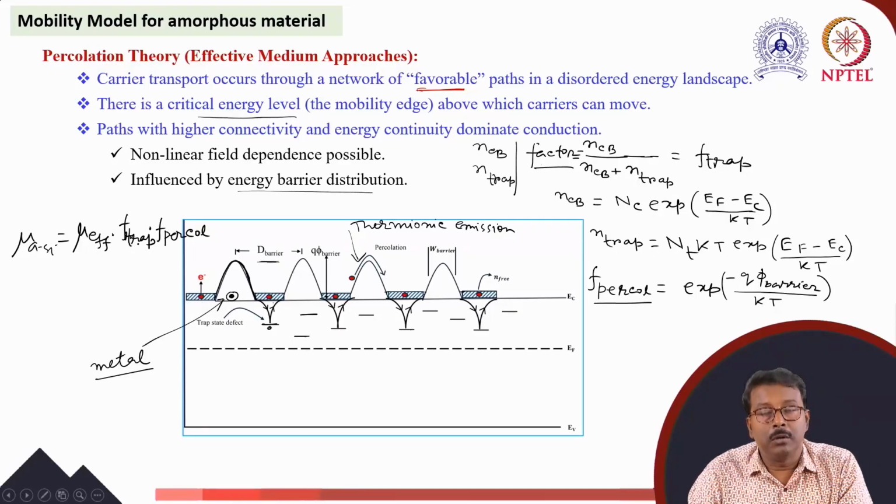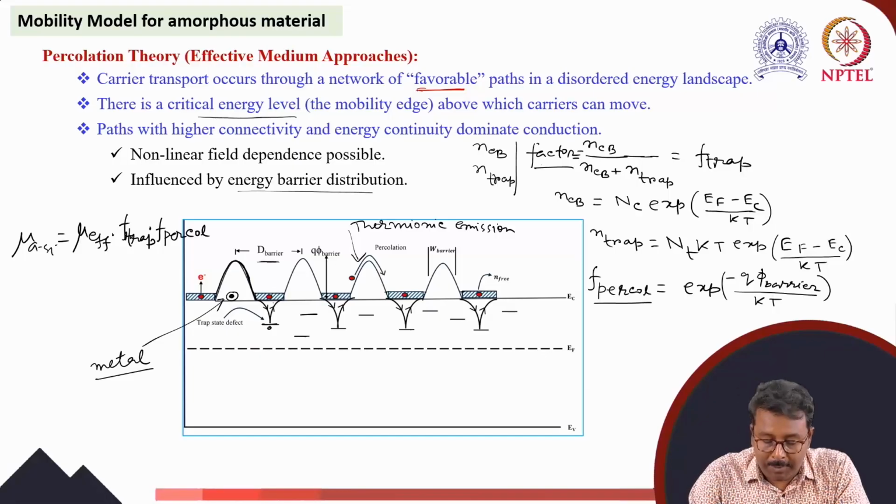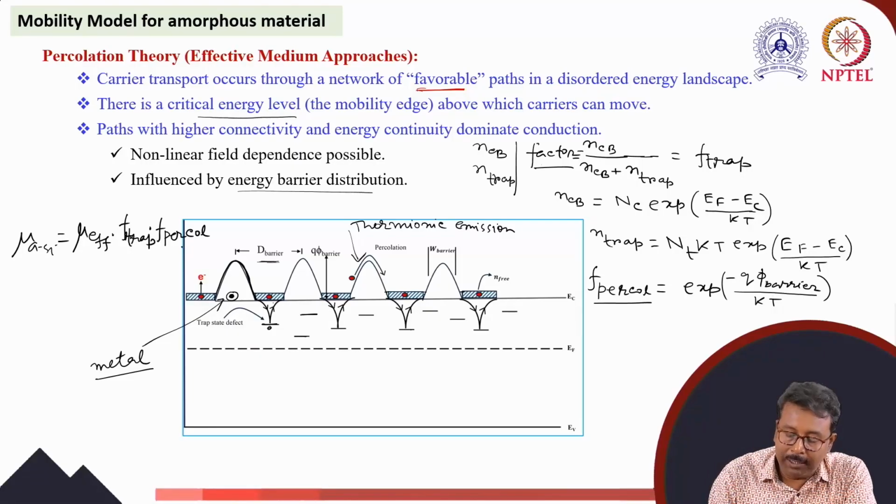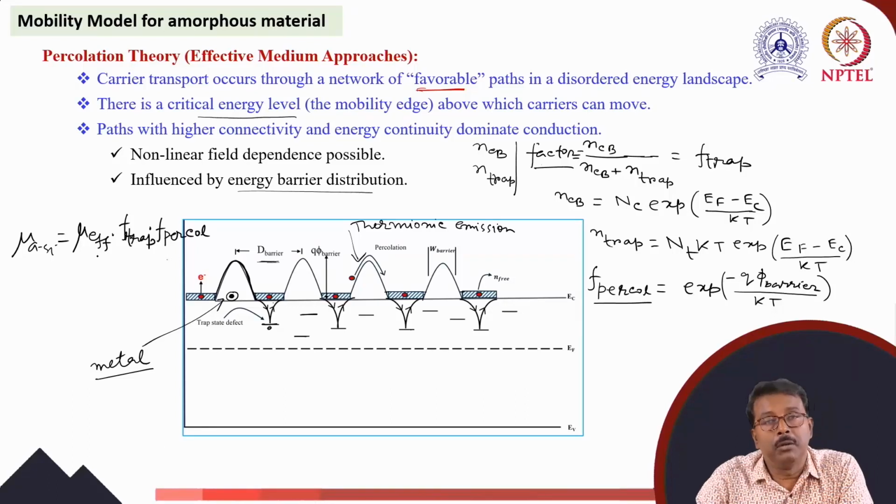Simply in this way you can model. And due to the presence of these factors, with values much less than 1, the effective mobility will be reduced drastically in the case of amorphous silicon or other metal doped oxide semiconductor materials.